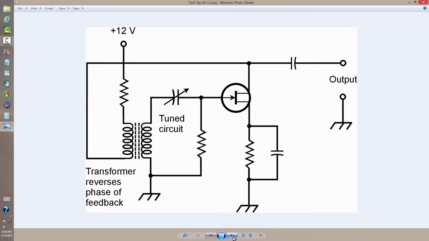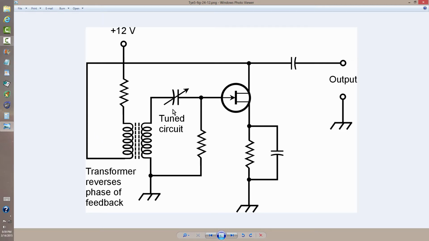This is the first type of oscillator of several types I'd like to show you, just very briefly so you can identify them. It's known as an Armstrong oscillator, and an Armstrong oscillator is characterized by a transformer that feeds some of the output signal back to the input out of phase with the signal to begin with. That is to say, the output here is out of phase with the input here, so you have to reverse the phase again, and you'll get positive feedback as a result.